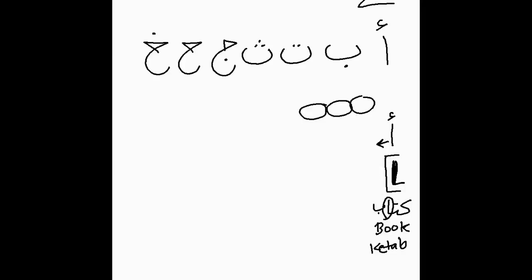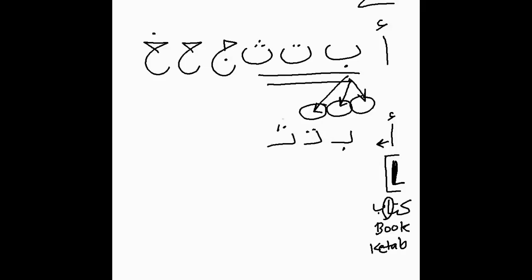Now, the ba, ta, and tha are the same regarding how they look at the beginning, in the middle, or at the end of the word. For example, ba at the beginning will sound like this, will look like this. Ta will look like this.